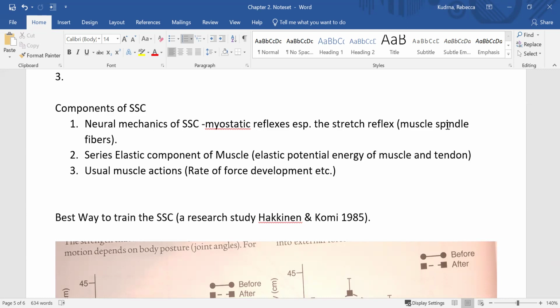The next one is the series elastic component, or the elastic potential energy. The book talks about how the muscle and the tendon can both store elastic energy. So basically, when the muscle and the tendon are stretched like a rubber band, they want to go back to their original shape.